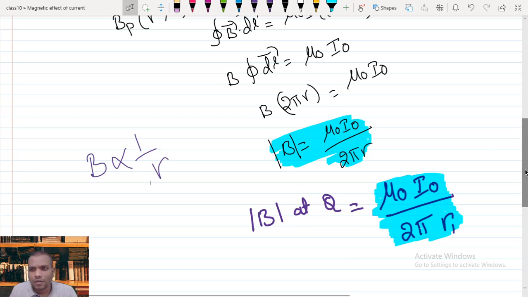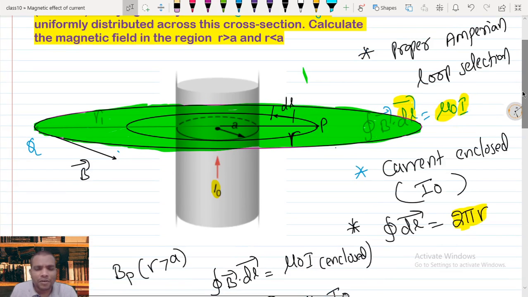It means when you go far away from the current carrying conductor, the strength of the magnetic field decreases. How much is it decreased? It decreases as 1 over r.